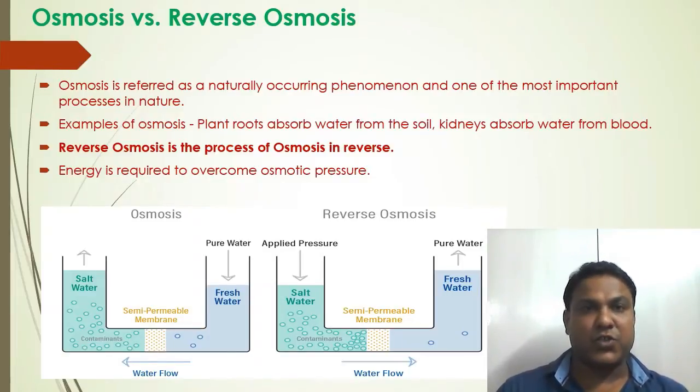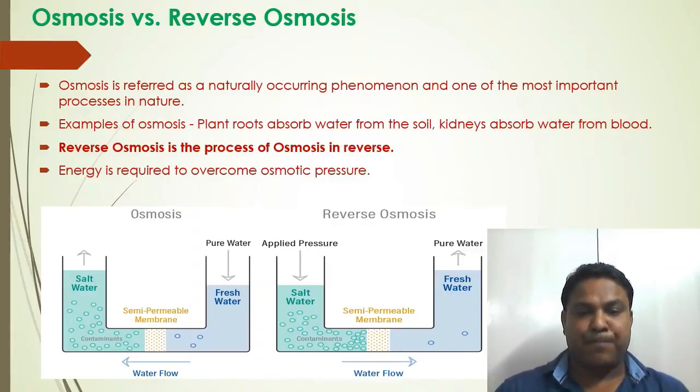However, we must push the water through the reverse osmosis membrane by applying pressure greater than the naturally occurring osmotic pressure in order to demineralize or deionize water in the process, allowing pure water through while holding back a majority of contaminants.